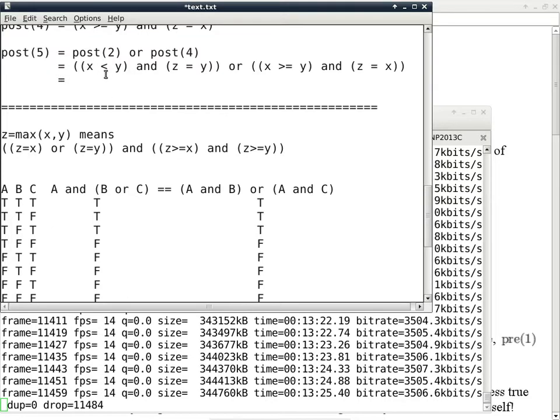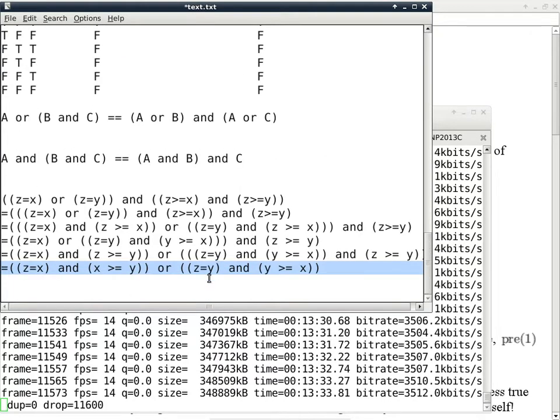And I can see the only difference is one has a greater than instead of a greater than or equal to, and that's when z equals y. In other words, we want to see if we can get rid of this equal here and still retain the same meaning of the entire thing.